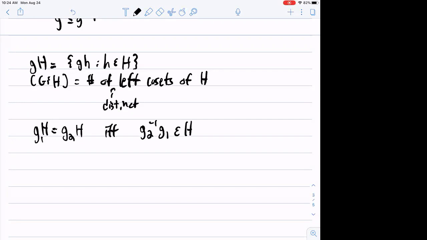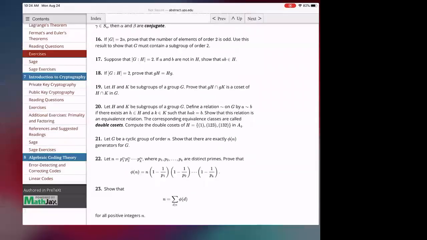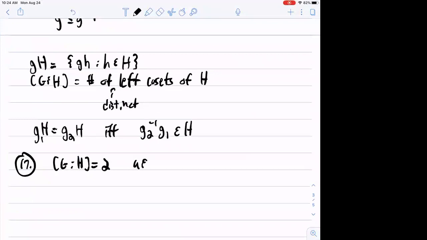So moving on. So we have from problem 17, [G:H] was 2. So there's only 2 distinct left cosets, right? And if A and B are not in H, show AB is in H. So A is not in H, B is not in H, show AB is in H. Okay, so what does this mean?